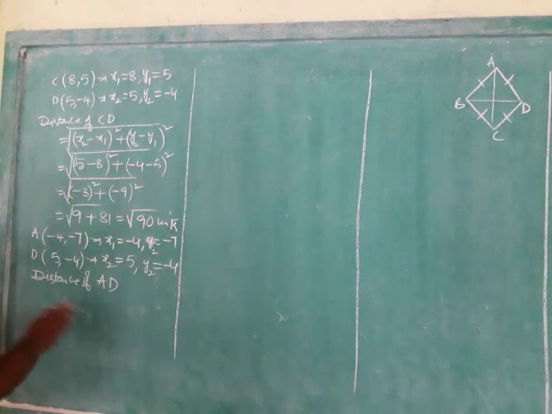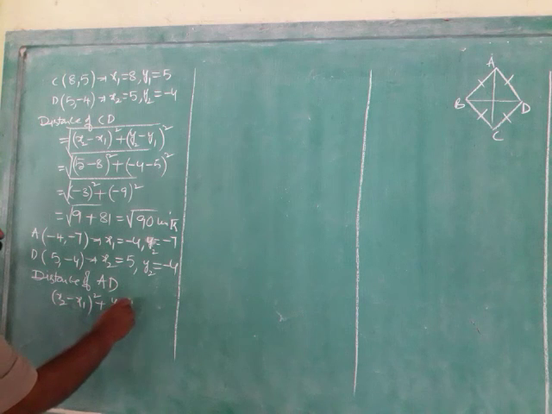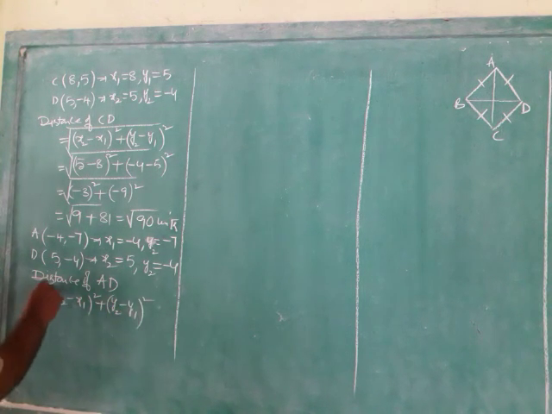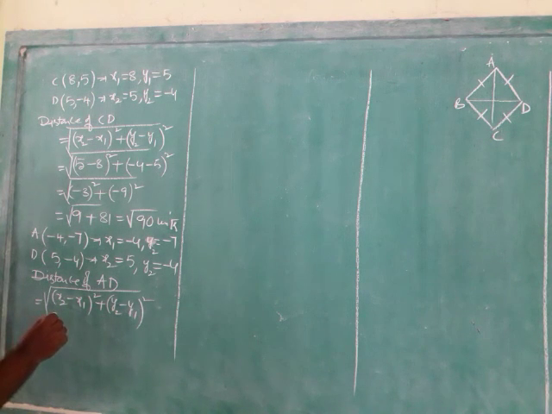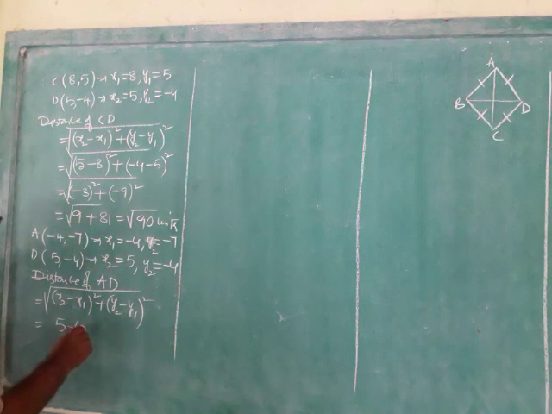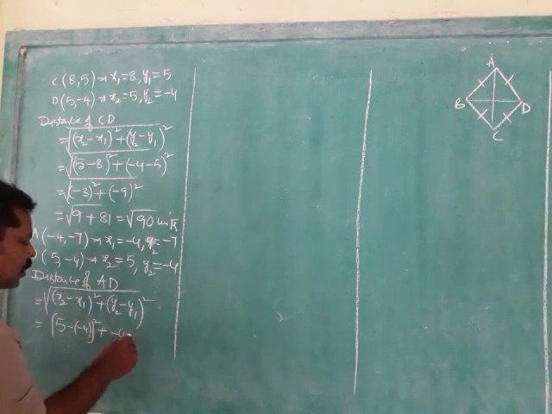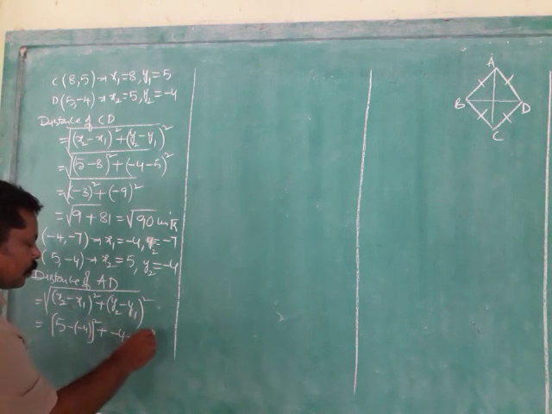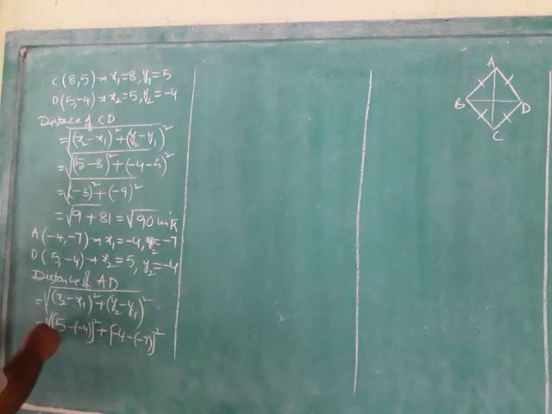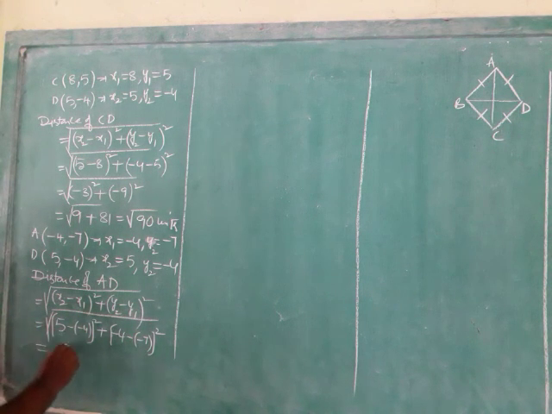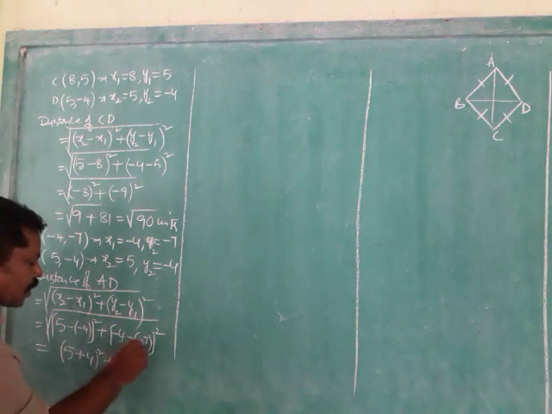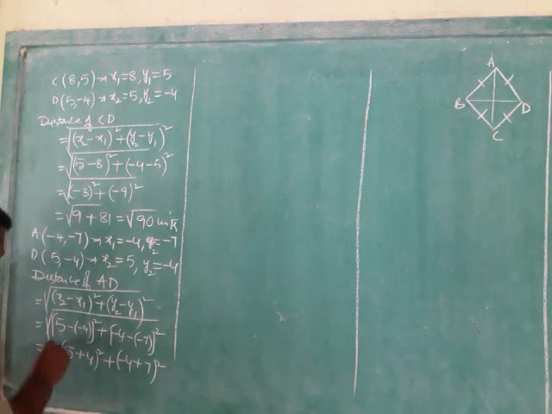AD. Same formula, √[(x2 − x1)² + (y2 − y1)²], which is equal to √[(5 − (−4))² + (−4 − (−7))²], which is equal to √[(5 + 4)² + (−4 + 7)²].